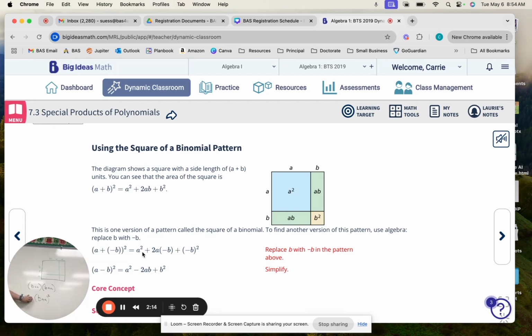All right. So what they're trying to show you is that if I want to find all parts of this, you're going to have to rewrite this equation as you see there. So it's this again, b plus a times b plus a, and we do the FOIL method.